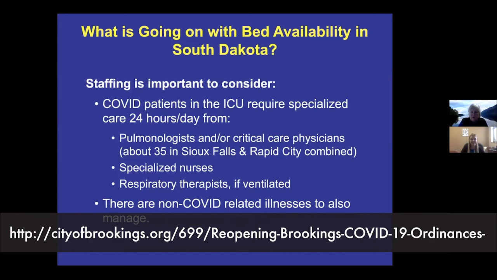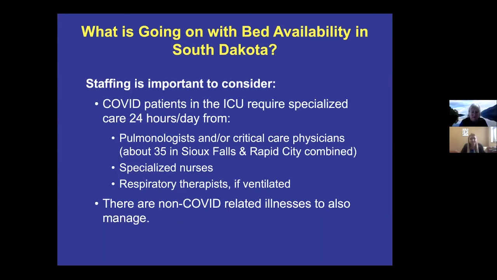One thing that's also really important to consider, and I've mentioned this a couple times already, is that staffing in the surge plan is extremely important. COVID patients in the ICU do require specialized care 24 hours a day, and they will need to have pulmonologists and other critical care physicians.